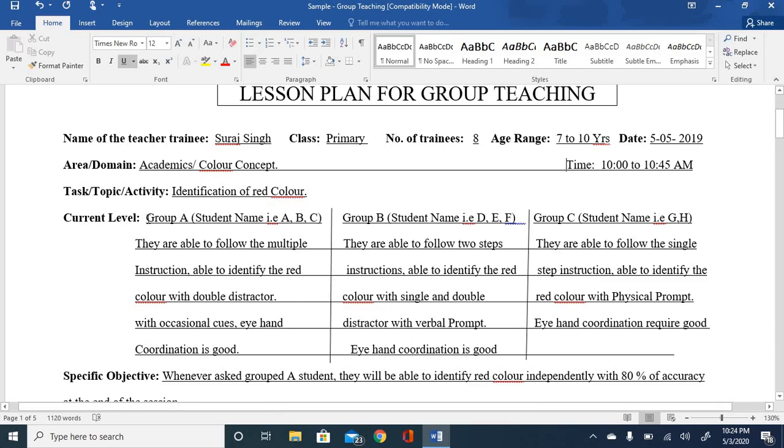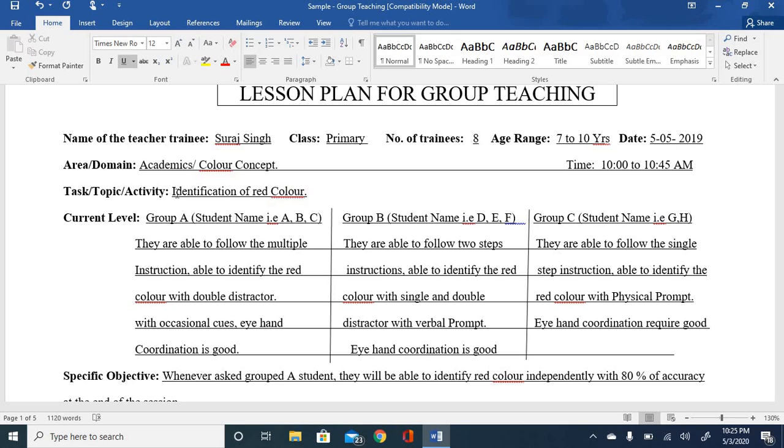And one more thing, how you can find a current level, for example, task analysis. For example, identification of red color. So what you can do is write a series of steps. How many steps? It may be 10 or 15 steps to identify the red color. Let us say identification of red color in single distractor, double distractor, multiple distractor.